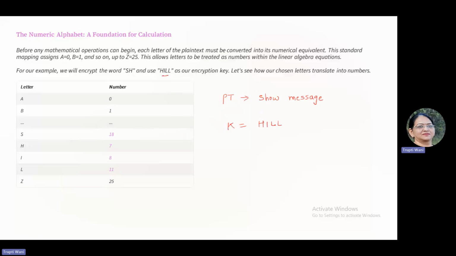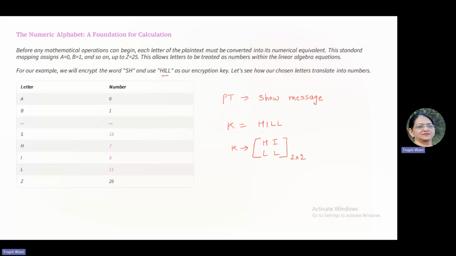For Hill cipher, convert this key into the matrix form of n by n. As there are 4 letters, we have to write these 4 letters into a 2 by 2 matrix. It is denoted like this: H, I, L, L, and this becomes our key. So the key is converted into a 2 by 2 matrix.